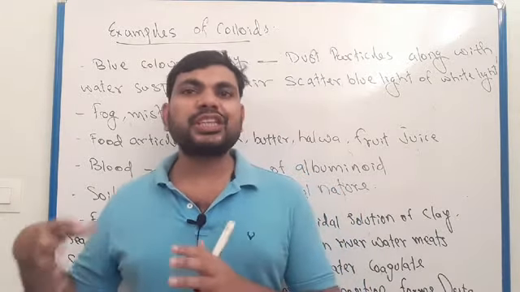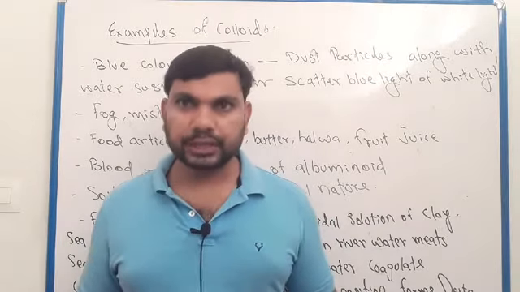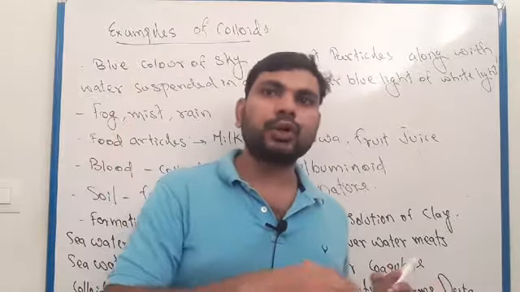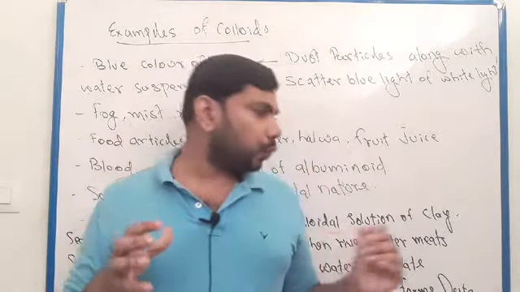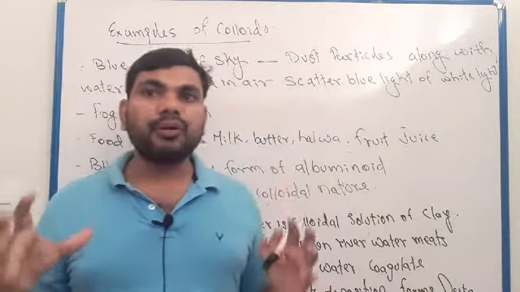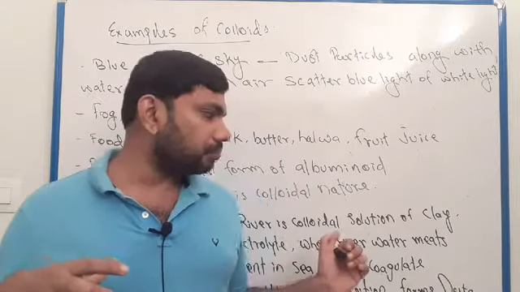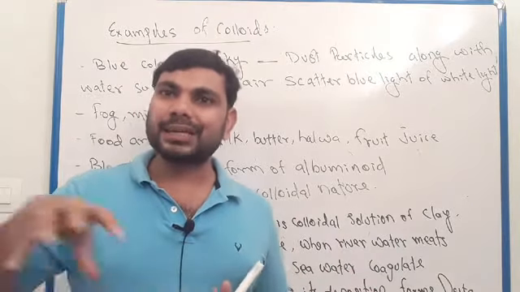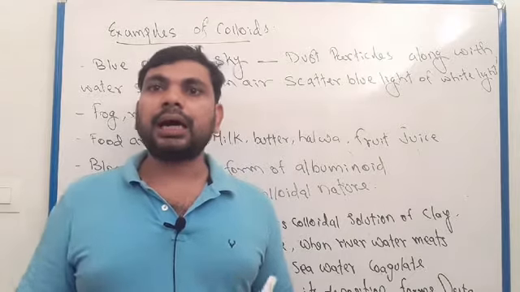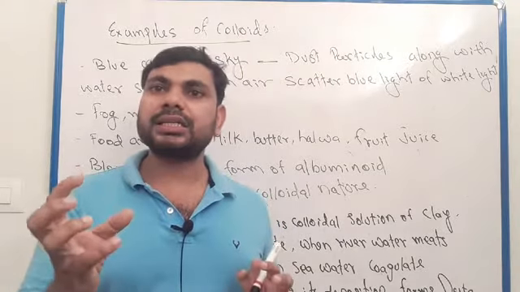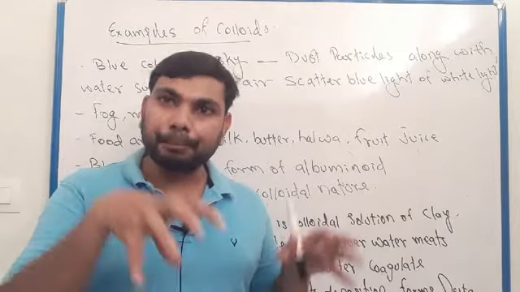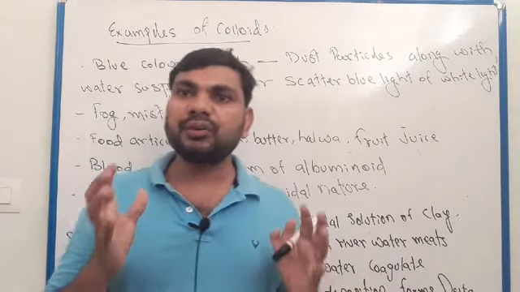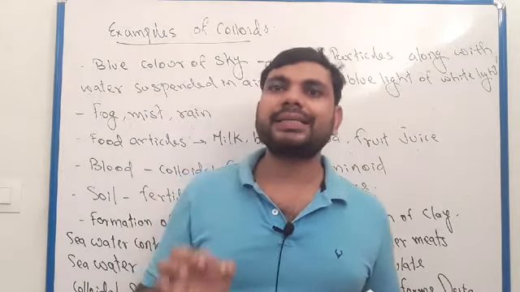When river water meets seawater, the colloidal clay from the river water is coagulated by the electrolytes present in seawater, and the clay particles are deposited and make a delta.